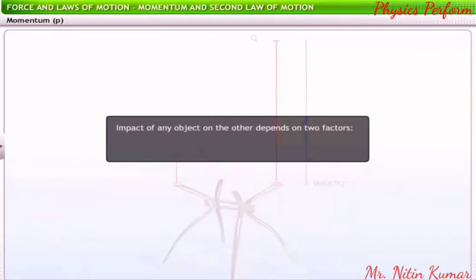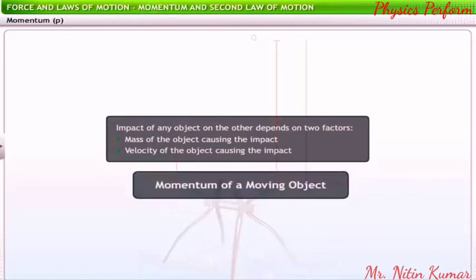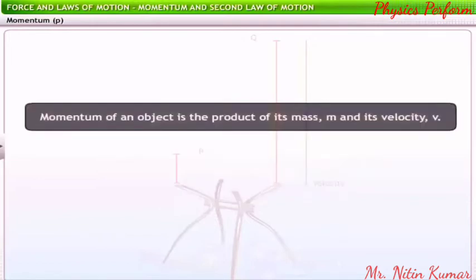Based on these observations, we can say that the impact of any object on the other depends on two factors of the object causing the impact, namely, its mass and velocity. These two factors together constitute a physical quantity, called the momentum of a moving object.